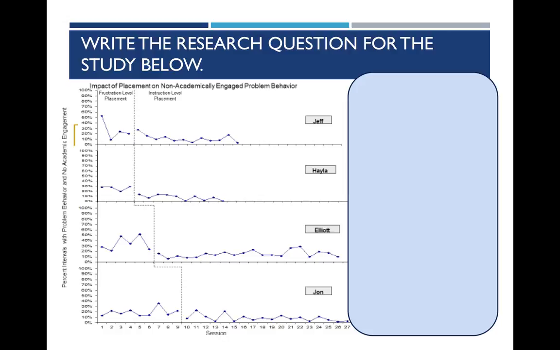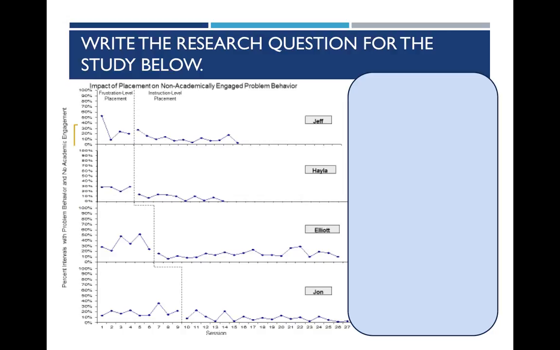And one of the variables that is being manipulated is the extent to which the content of the instruction is at the level that the student is able to perform at least 80% of the items correct. Or is the content of instruction so difficult that the student is below 50% or 40% of correct responses at what would be called frustration level?